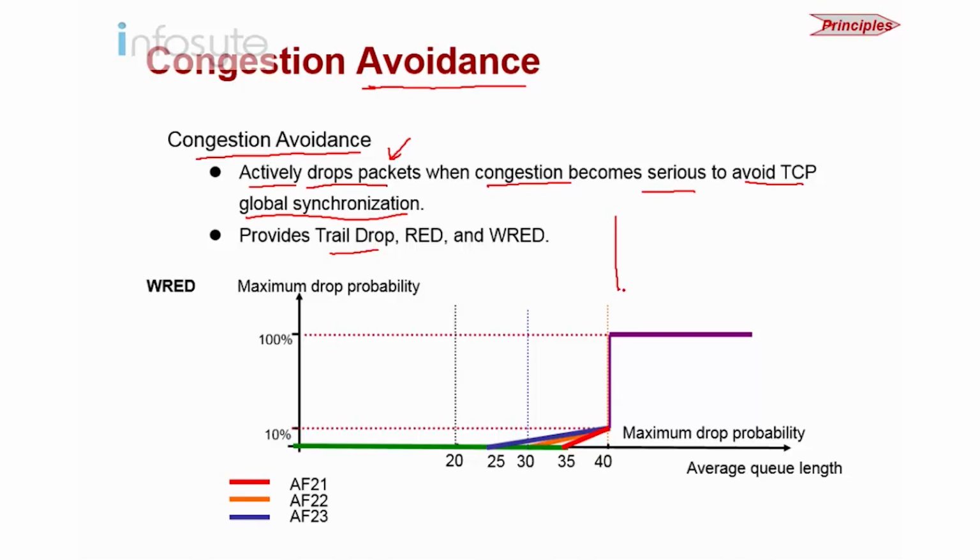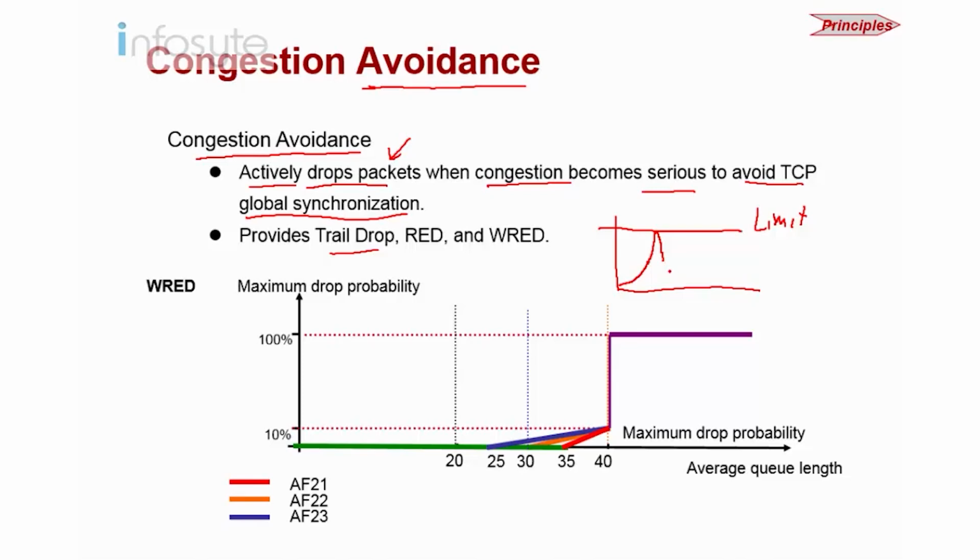Now let's look into this graph. Assuming that I have a TCP session and this is the limit of my bandwidth. I'm going to start my TCP connection. It goes up, there's no problem, it goes up all the way to the top. Once I hit the limit and the queue is full, then the packets will get dropped.